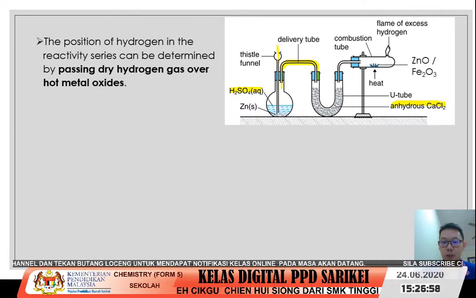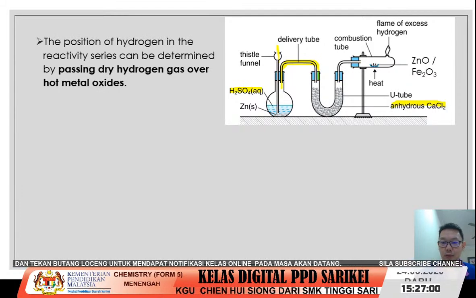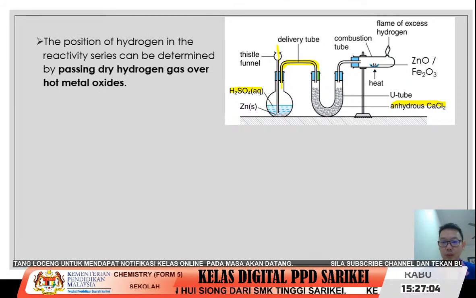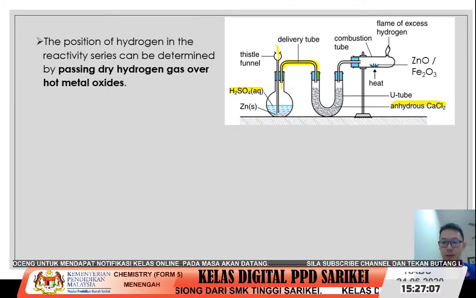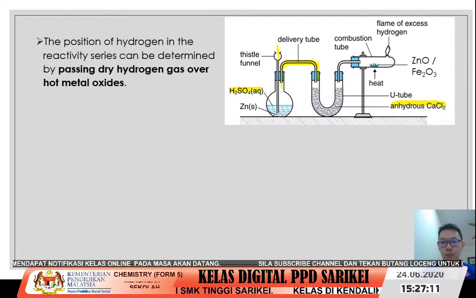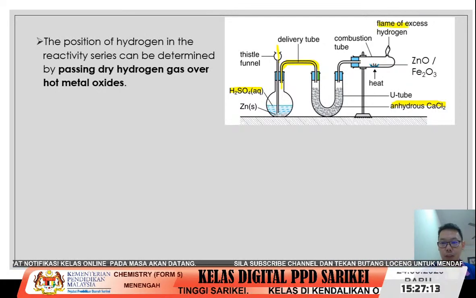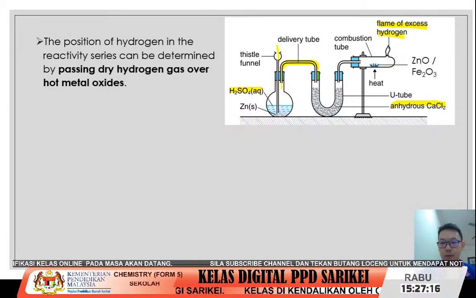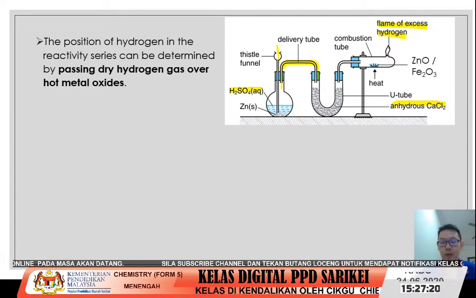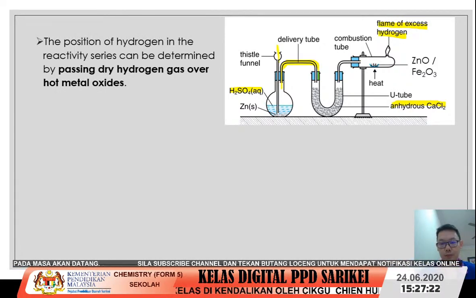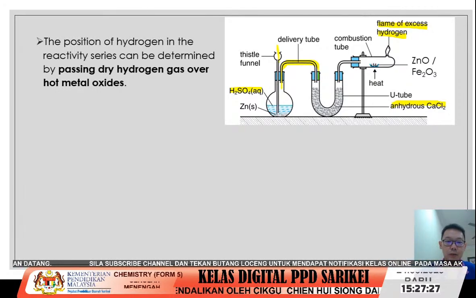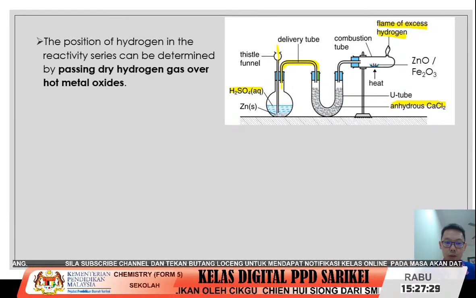So this makes sure that only hydrogen gas will enter the combustion tube and react with zinc oxide or iron(III) oxide. The excess hydrogen gas here, we need to burn it to prevent explosion.